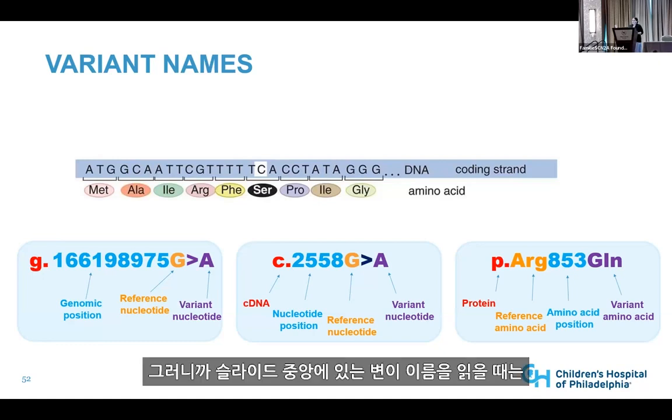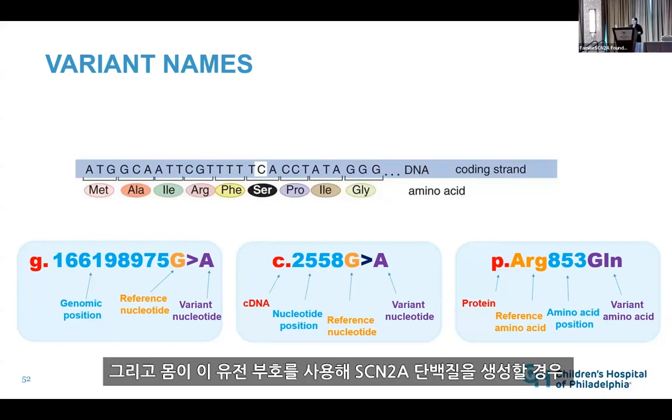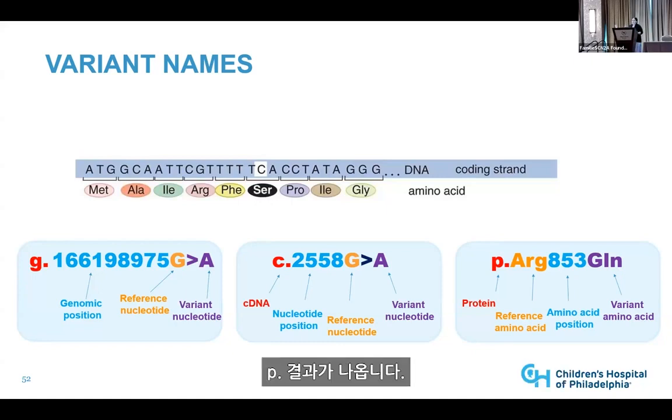So the way that we read this, for example, the example on the slide, if we look at the 2,558 position, typically there's a G in the code there. And then that greater than sign means is changed to. So at this position, typically there's a G, and this is exchanged for an A. Then when the body goes to use this genetic code to build the SCN2A protein, this is when we get to the P dot.